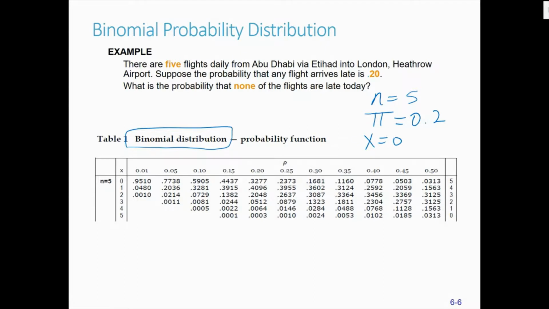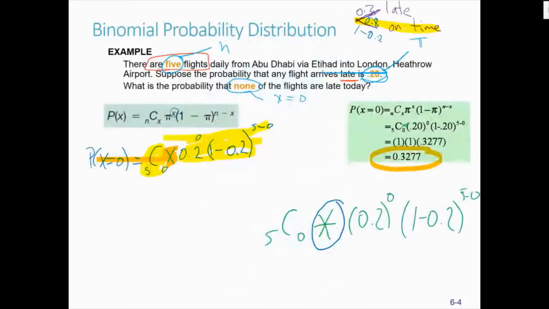So you see the table here, and you go and look for n equals 5, and you look for this p here, which is your pi of 0.2, and then right here you have your x's. This is x equals 0. And so from the table, you can get the same result, which is 0.3277, which is the same as if you do the calculation here.